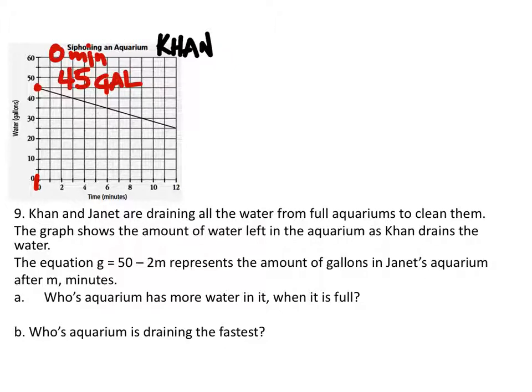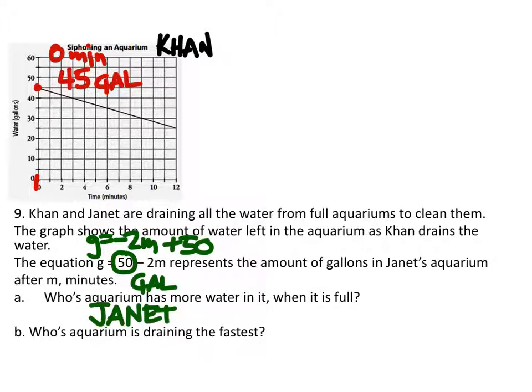For Janet, she is starting with 50 gallons, because we could write that as G equals negative 2m, which is the slope, but then that'd be a positive 50. So Janet's starting with 50 gallons. So when the two aquariums are full, Janet has 5 more gallons than Con. So Janet's aquarium has more water in it.